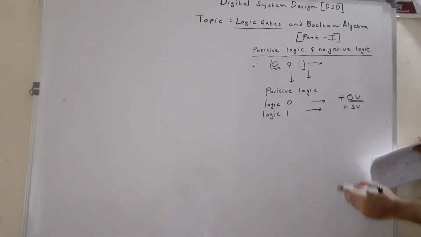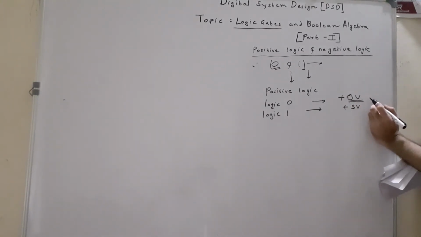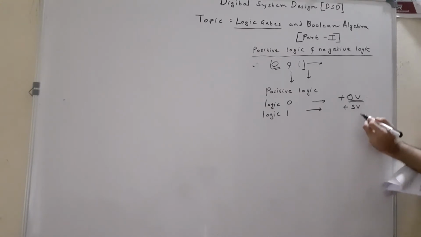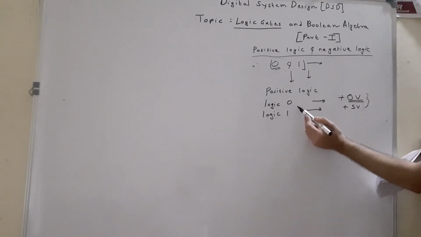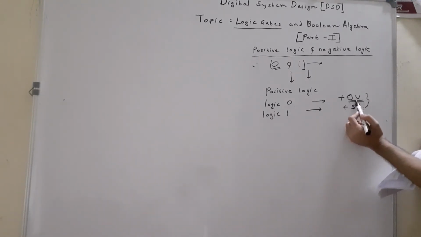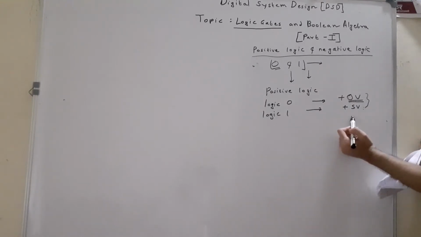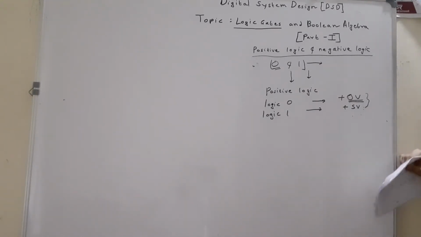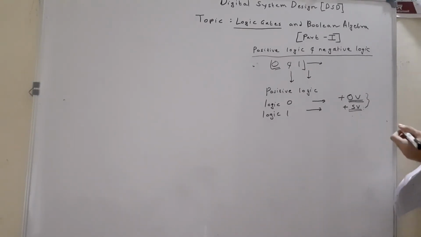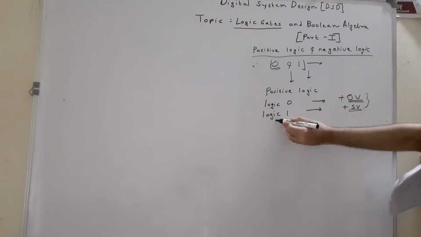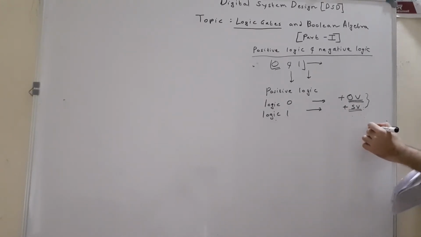When 0 volts is there at the terminals, we say that logic 0 is received. When plus 5 volts is there at the terminals of the system, we say logic 1 is received. This is how the system interprets whether it has received a logic 0 or logic 1. When logic 0 corresponds to 0 volts and logic 1 corresponds to 5 volts, it is positive logic. Why positive logic? Because the more positive part of the voltage is assigned to logic 1. That's why it is known as positive logic.